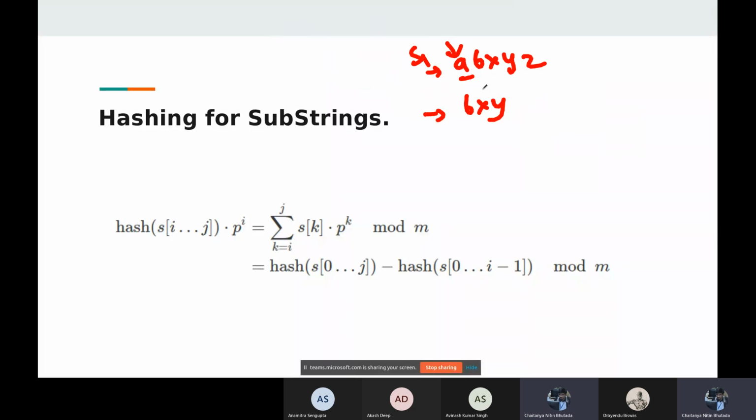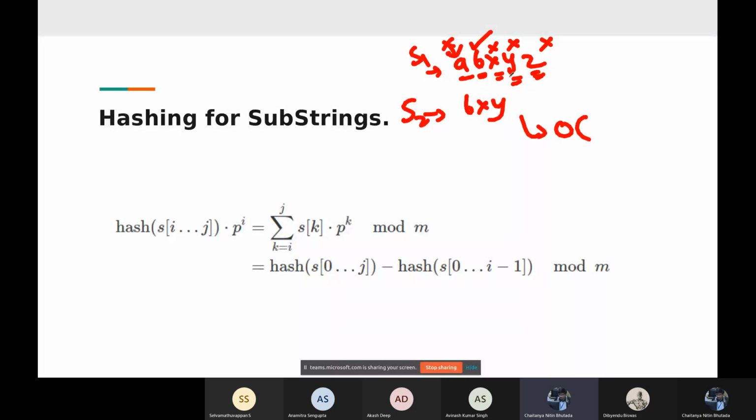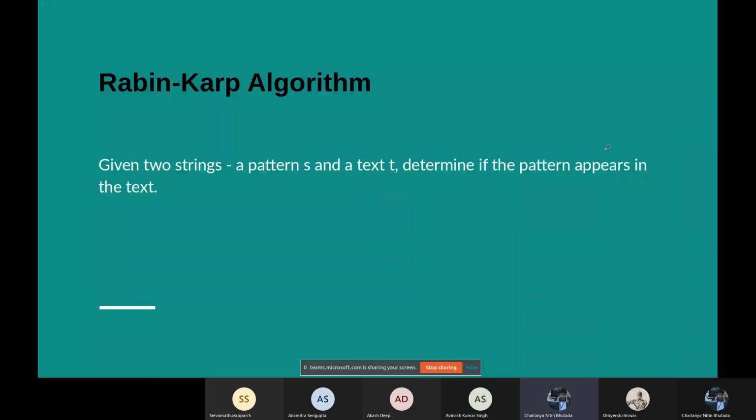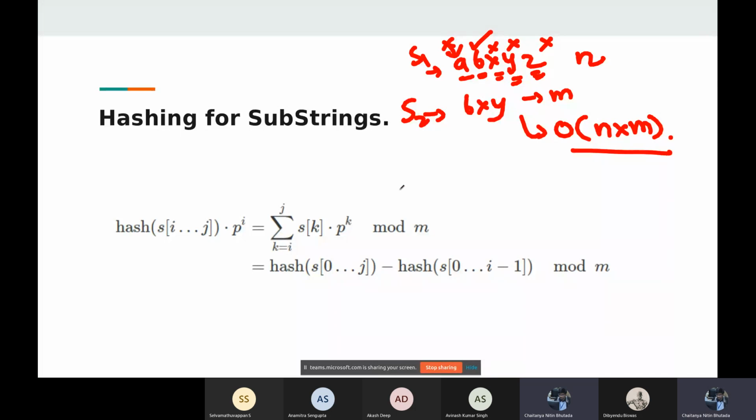It cannot start because a is not equal to b. Now we go here and find that bxy is the same as bxy, so we got s2 as a pattern in this string. Now we go here, we don't find it; here, we don't find it; here, we don't find it. So if this length is n and this length is m, the algorithm will take O of n cross m. This is not a very efficient algorithm.